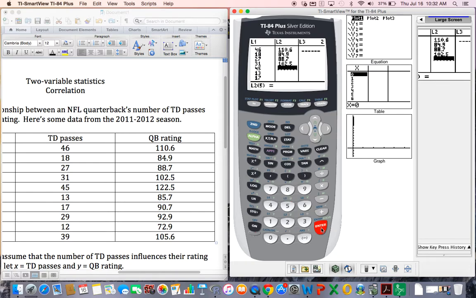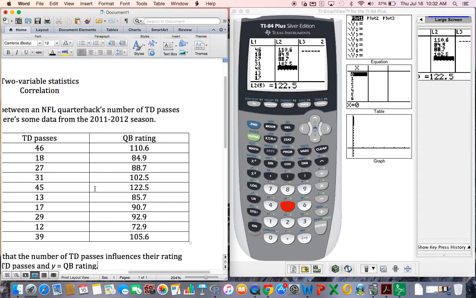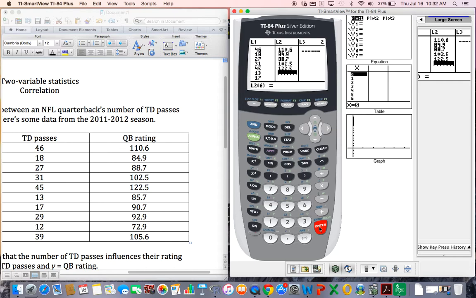The 45 has a 122.5. Who was that? I'm just curious. Oh, Aaron Rodgers. That makes sense. So 122.5. Okay. 85.7. The 17 has to go with the 90.7.